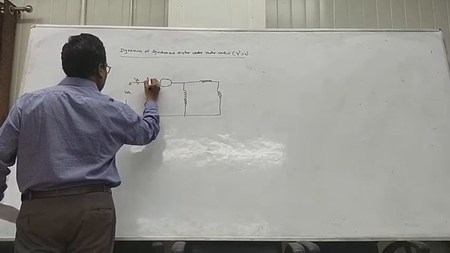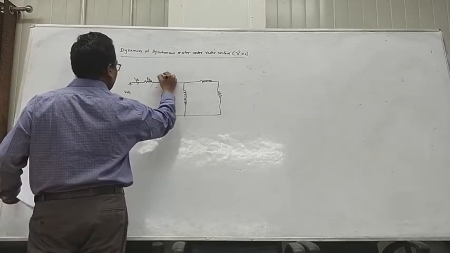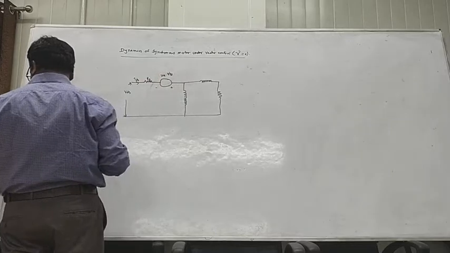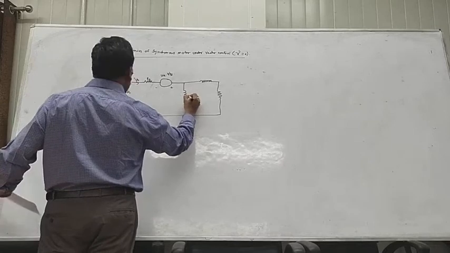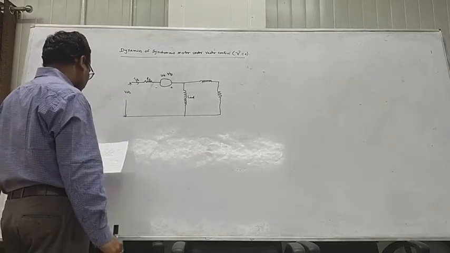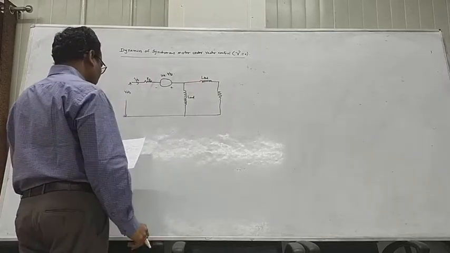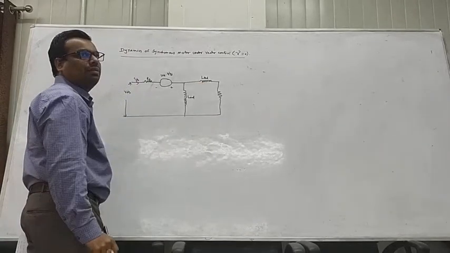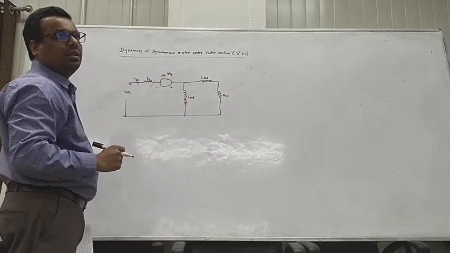This resistance is RS, and this is the back EMF, omega E into psi QS. This is LMD, the magnetizing inductance of the stator, and this is LLKD, the leakage inductance of the damper circuit. And this is RKD, the resistance of the damper winding.